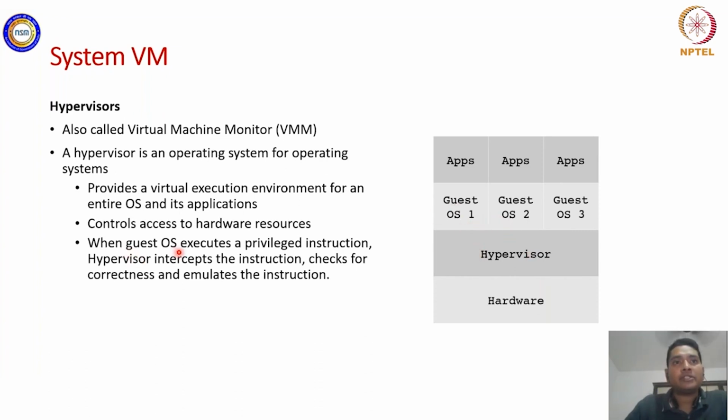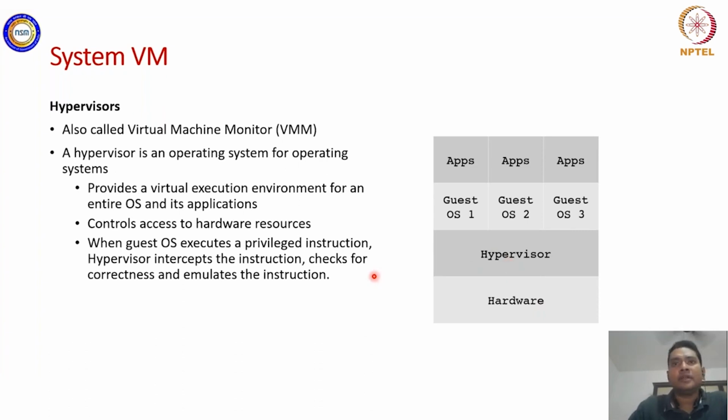So when the guest OS executes privileged instructions, the hypervisor intercepts them, checks them for correctness, and then emulates them for the underlying hardware. And that is the difference between a traditional OS and your hypervisor.